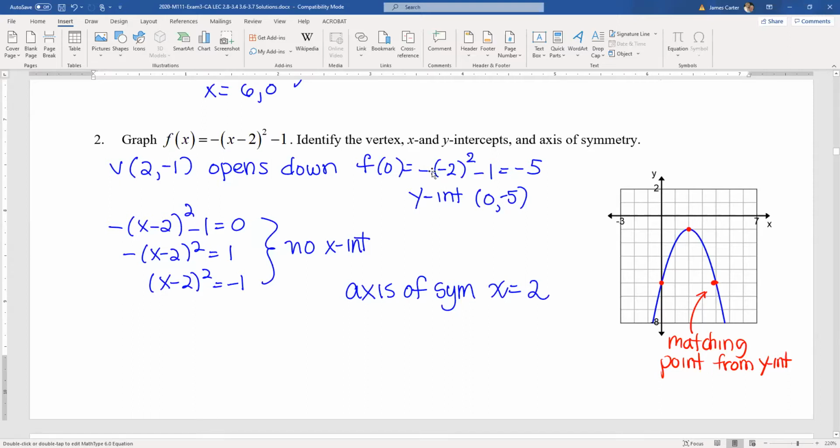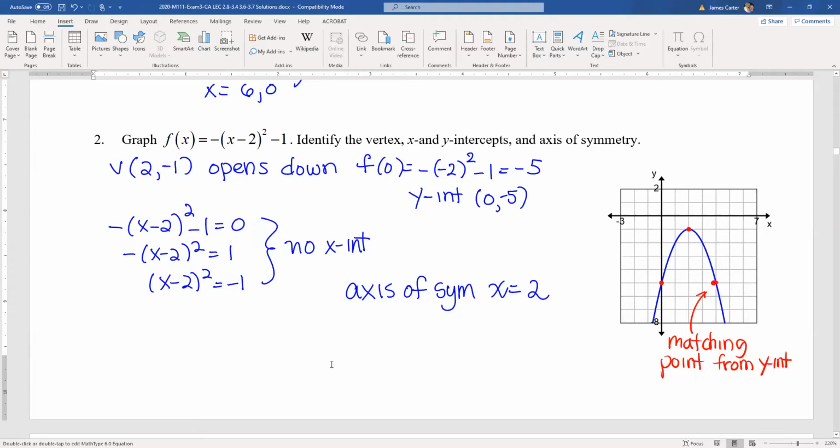Right here's the notation on what I just said. So our y-intercept is (0, -5) right here. Now, we can find this point by its 1, 2 places to the line of symmetry, so 2 more places would give us another point right here.